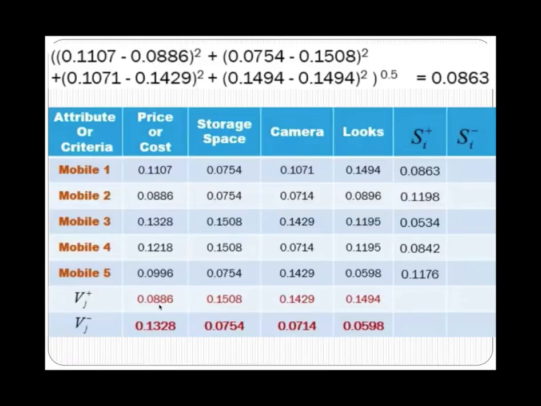Let's say y1, y2, y3, y4: x1 minus y1 squared, x2 minus y2 squared, x3 minus y3 squared, x4 minus y4 squared, and then the whole thing under the root. So this is the Euclidean distance. This means how far the ideal best solution is from the actual values. And the same goes for the ideal worst.